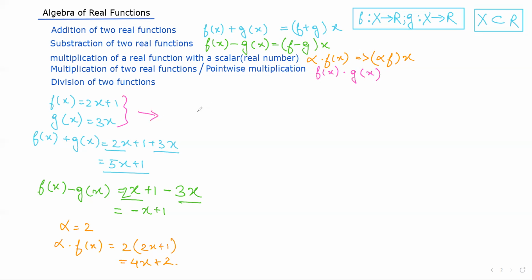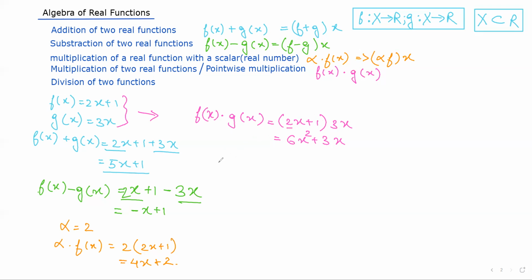This can be written as 2x plus 1 into 3x, which is 6x squared plus 3x. Multiplying the first term with the first term plus the second term with the first term, or using the distributive property.